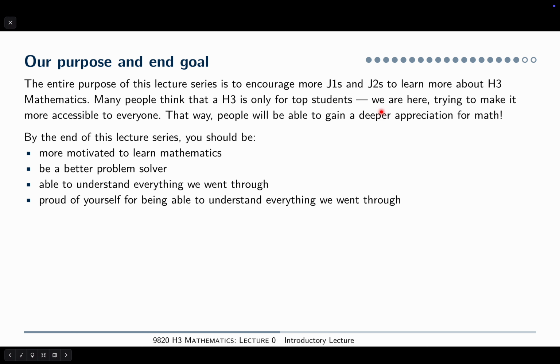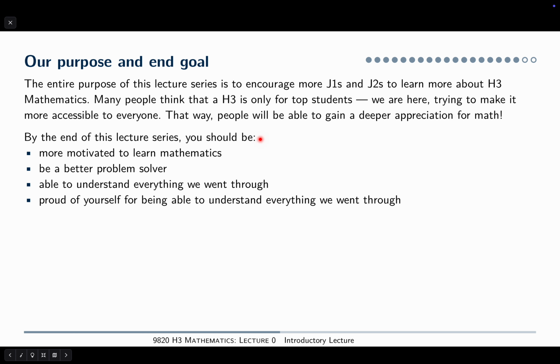However, we want to open it to more people who are passionate but don't have the resources to be able to do so. That way we'll be able to help people train for Olympiads and appreciate the beauty of pure mathematics more.